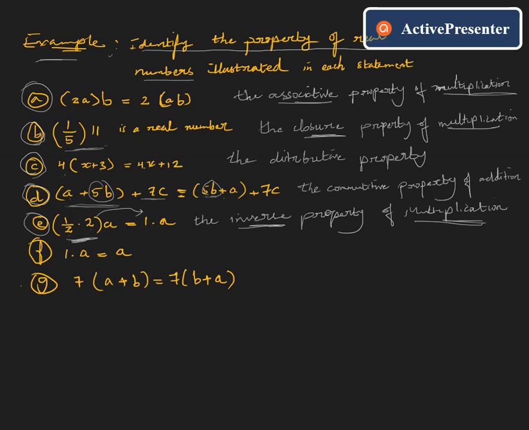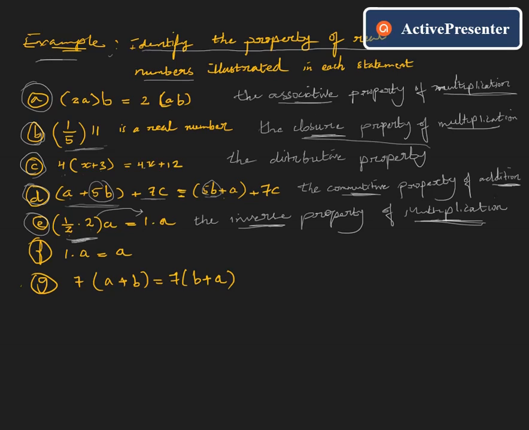Now let's go to the sixth question, which is F. Before that, please note that if you write the inverse, you have to identify whether it is multiplication or addition. Also, the commutative should be noted whether it is addition or multiplication.